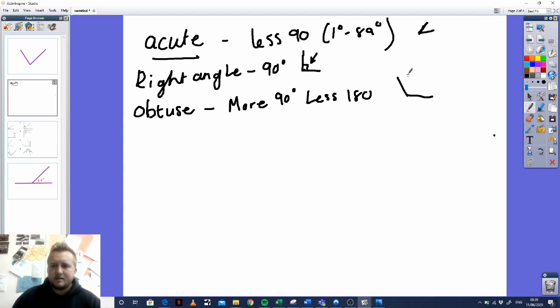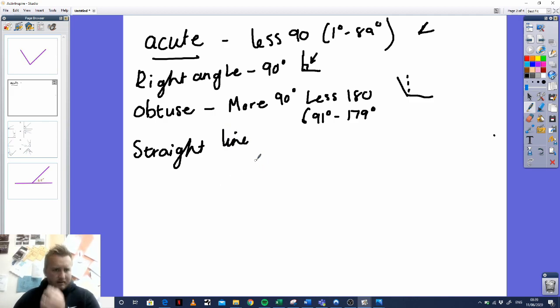It's larger. So if I had to draw the 90 degrees there, it would be larger. So it's going to be between, in brackets, 91 and 179.